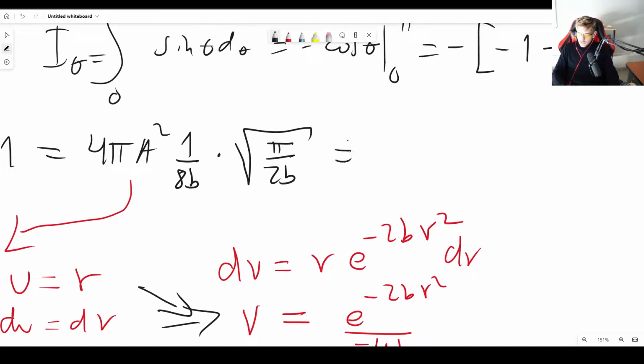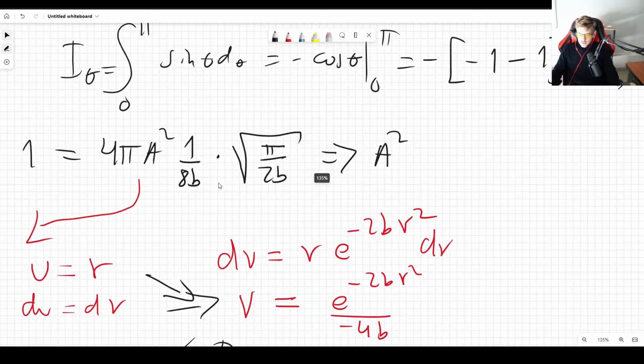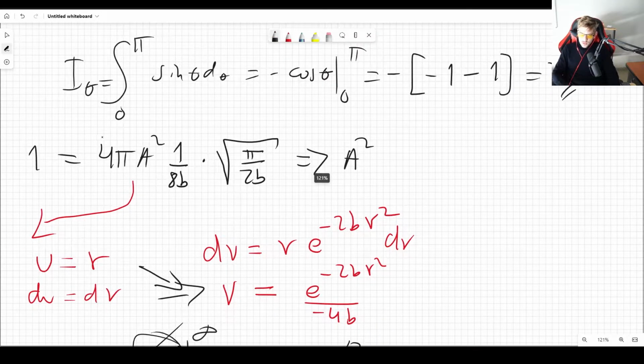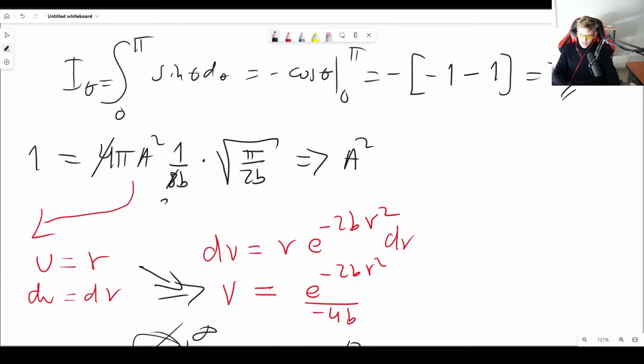So now finding a squared is easy peasy. So let's just leave it alone so we can simplify a little bit. This 4 and this cancel out. So we are left with 2b over there. Then we have pi to the 3/2 and b to the 3/2. Wait, oh yeah, but b to the 3/2 is up here, sorry. Right, am I going insane?